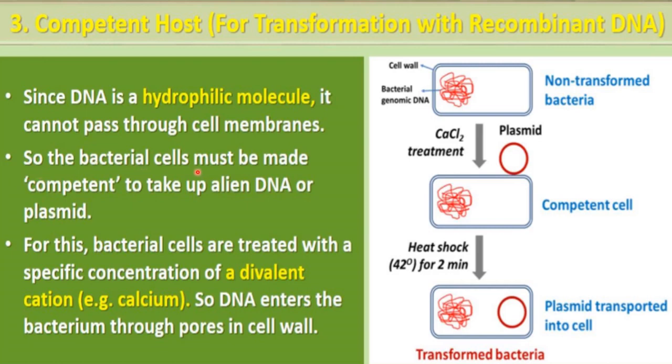That's why DNA cannot pass through cell membrane. So the bacterial cells must be made competent to take up alien DNA or plasmid, right? Because directly DNA cannot pass through plasma membrane of any cell. That's why these bacterial cells must be treated with some chemicals or any other treatment is given here to make these cells competent so that these cells can take up alien DNA, or you can say recombinant DNA, that is plasmid having alien DNA, right?